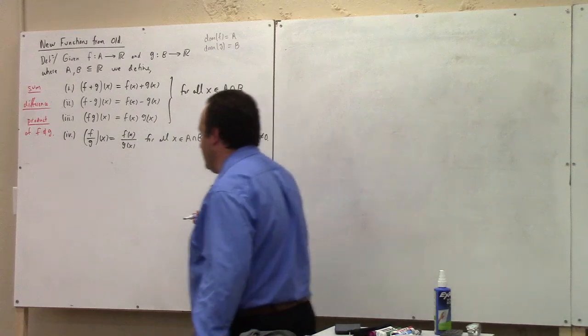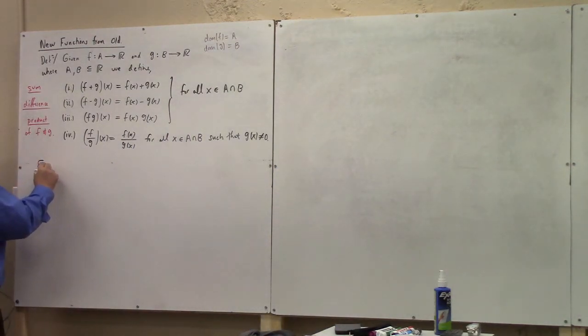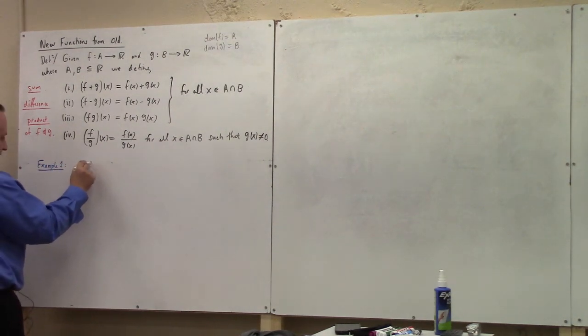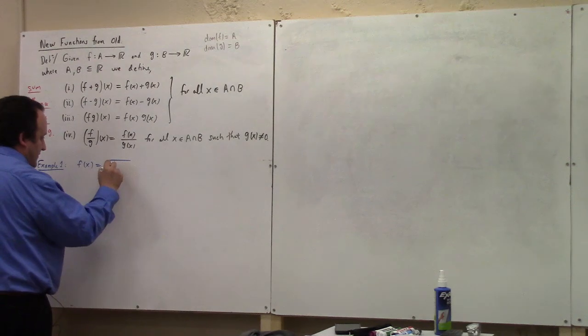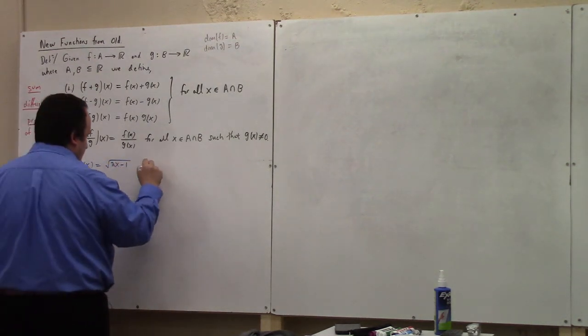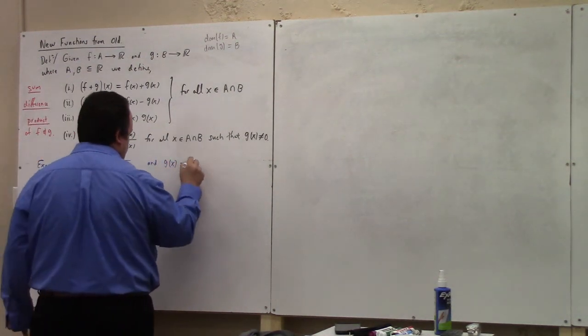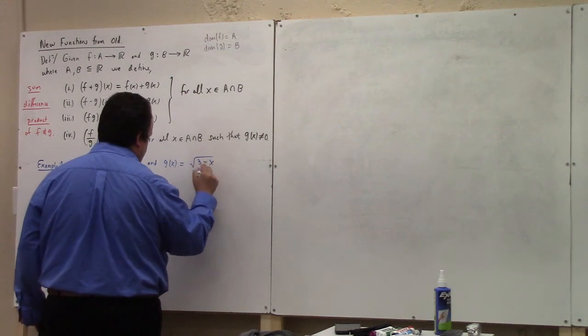So the domain is a little bit tricky, though. So let's look at an example. We could have, say, f of x equal to the square root of 2x minus 1. And we could have g of x equal to the square root of 3 minus x, right?